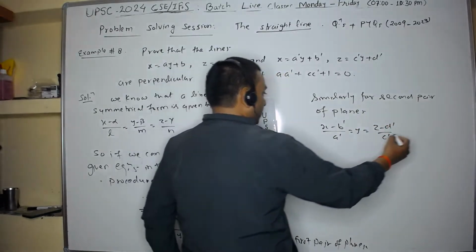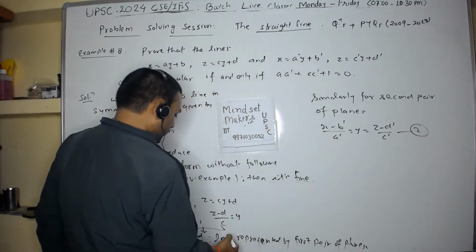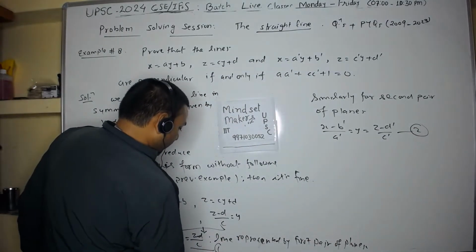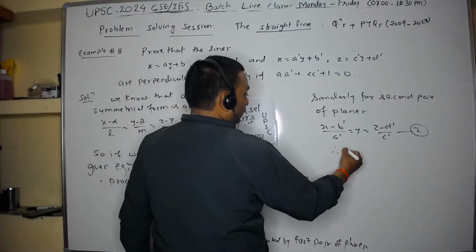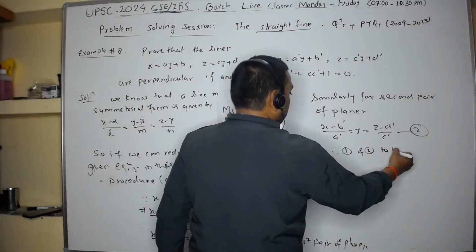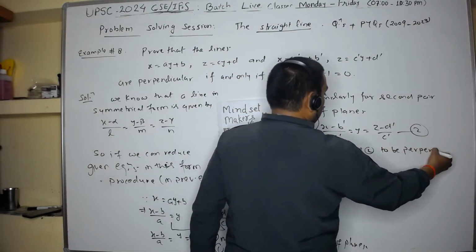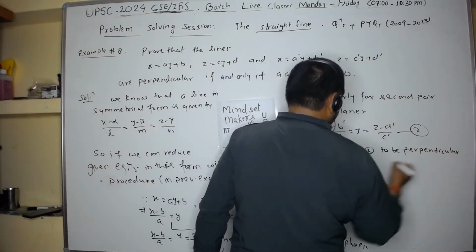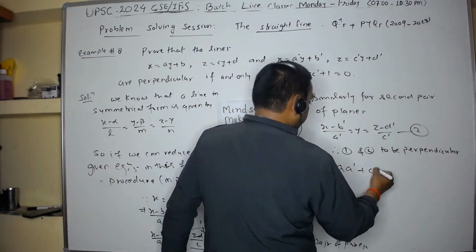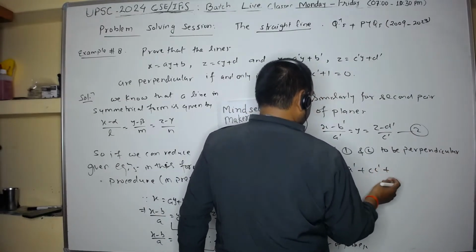So अभी आप देख लीजिए, let's say this is line 1 and this is line 2. For 1 and 2 to be perpendicular, उनके DCs का product must be 0. Say yes or no.